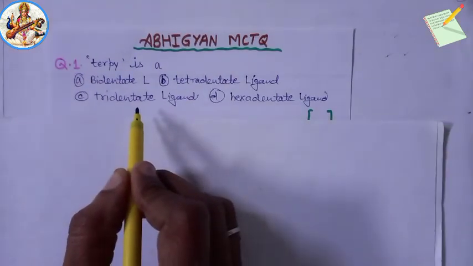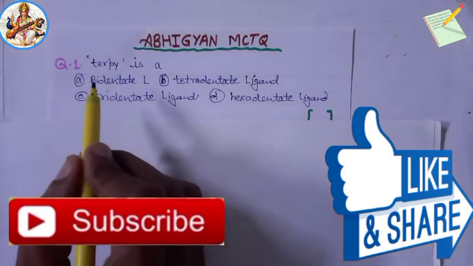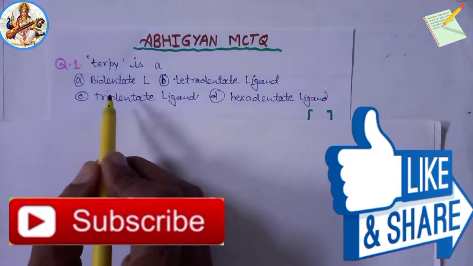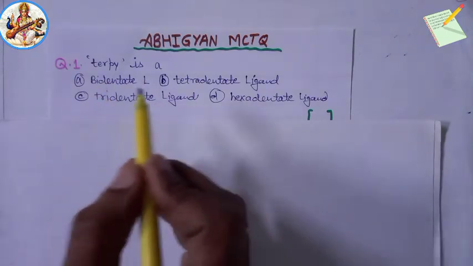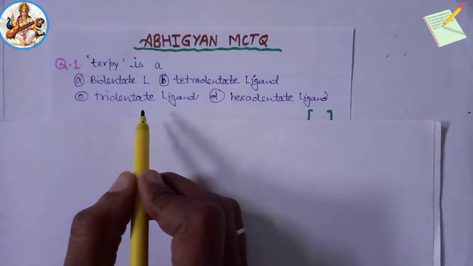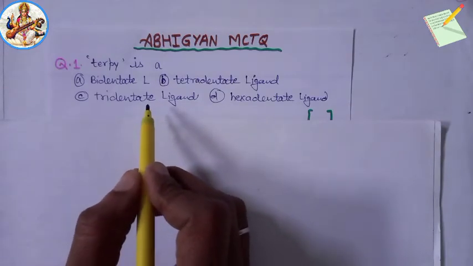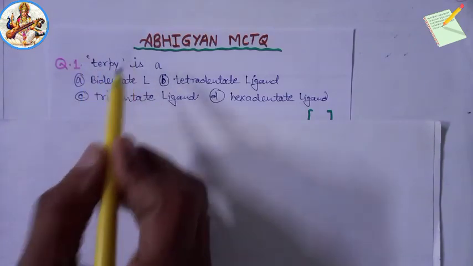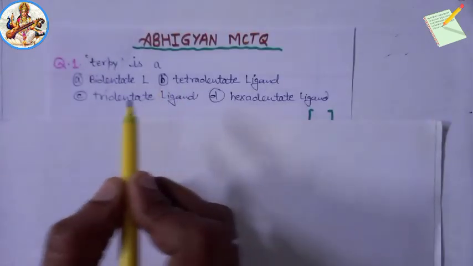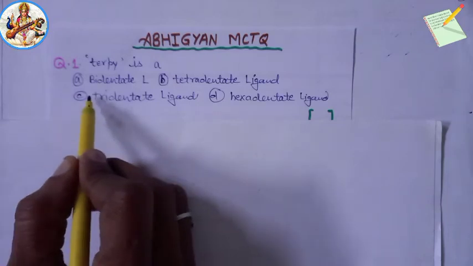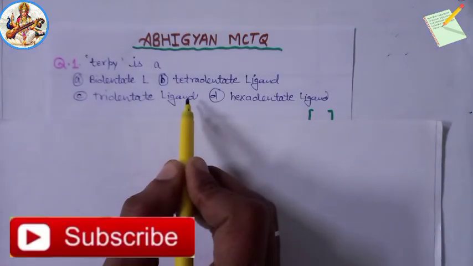Very important question. We know that in TERPY, 3 nitrogen atoms are donor sites. Therefore TERPY is a tridentate ligand. So the answer will be option C, tridentate ligand.